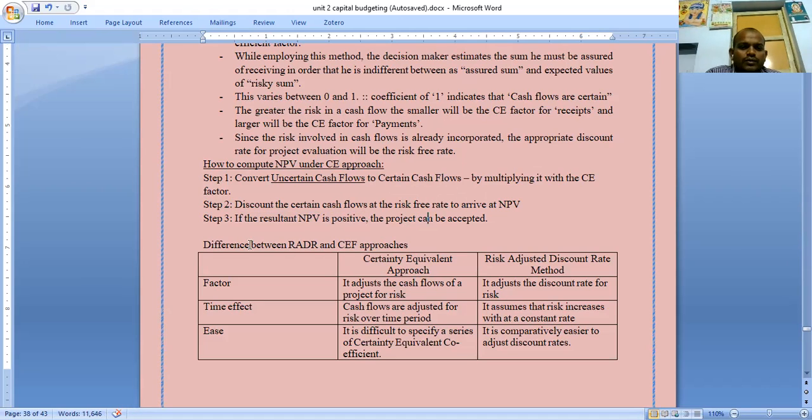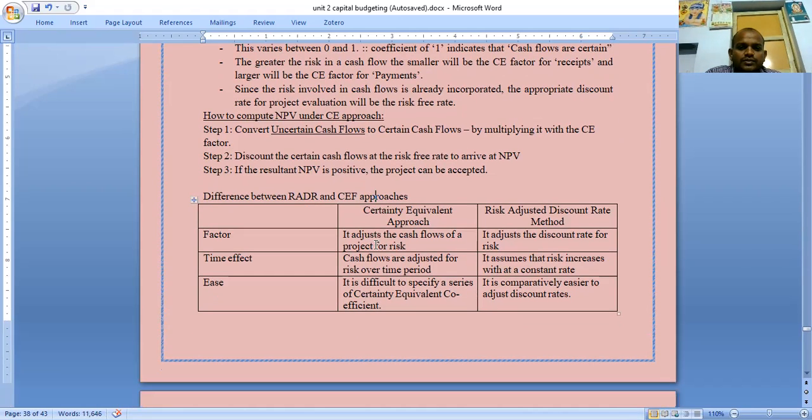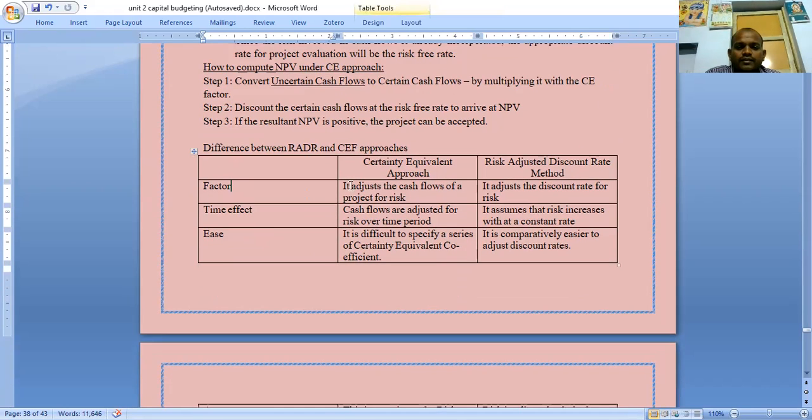What is the difference between the risk-adjusted discount rate and the certainty equivalent factor approach? The certainty equivalent factor adjusts the cash flows of a project for risk.